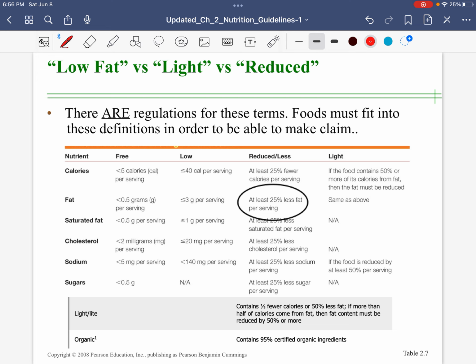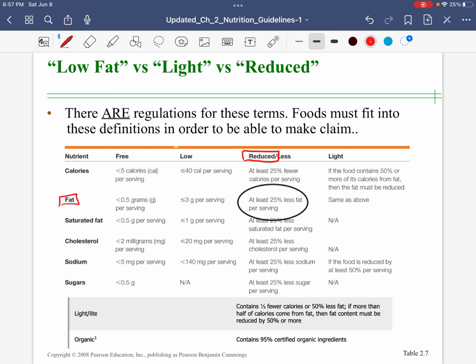They look a little bit different. But just as an example, if a food says reduced fat, you know what that means? In order for them to be able to print that on their label, reduced fat, it has to have at least 25% less fat per serving than the original version.